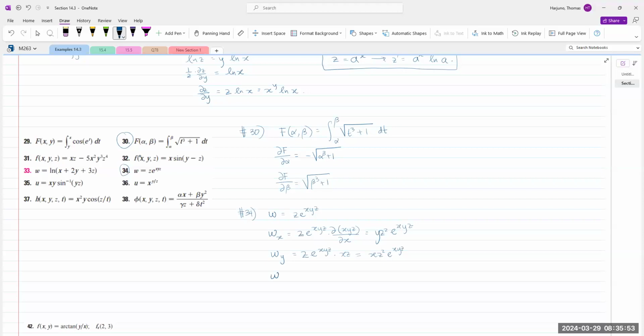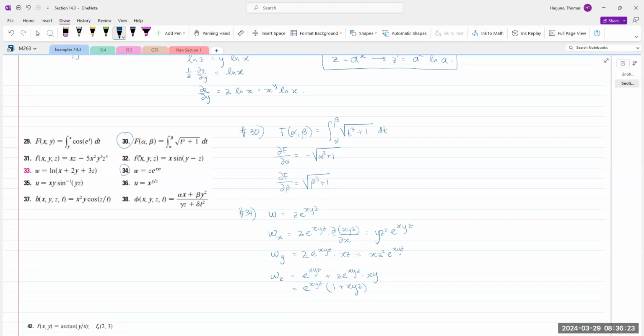And partial with respect to z, here I need to do product rule. z e to the x y z times the chain will be x y, which becomes e to the x y z times 1 plus x y z. Okay.